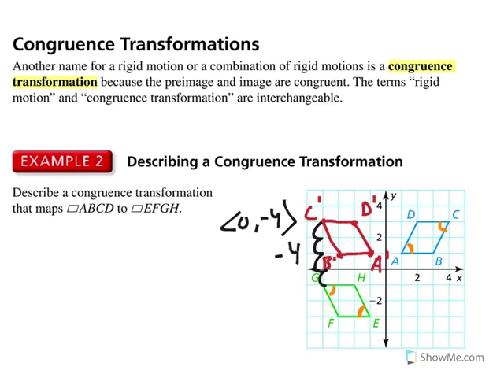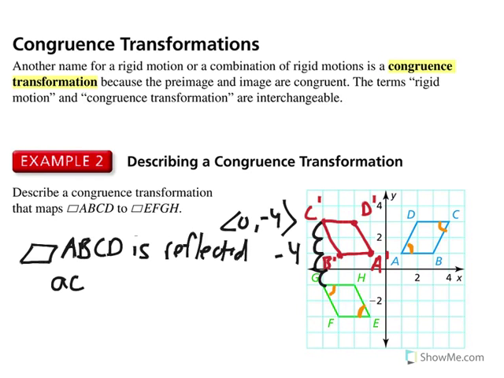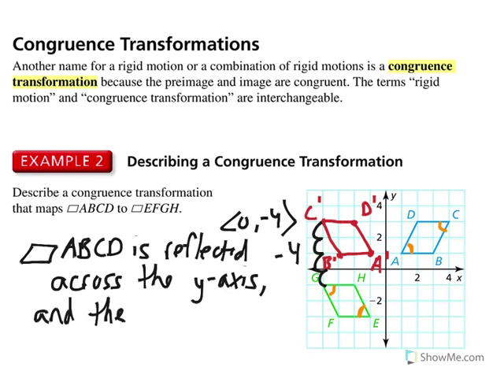So if I want to describe my congruent transformation, I would say that first, rectangle ABCD is reflected across the y-axis, and then translated down 4 units.